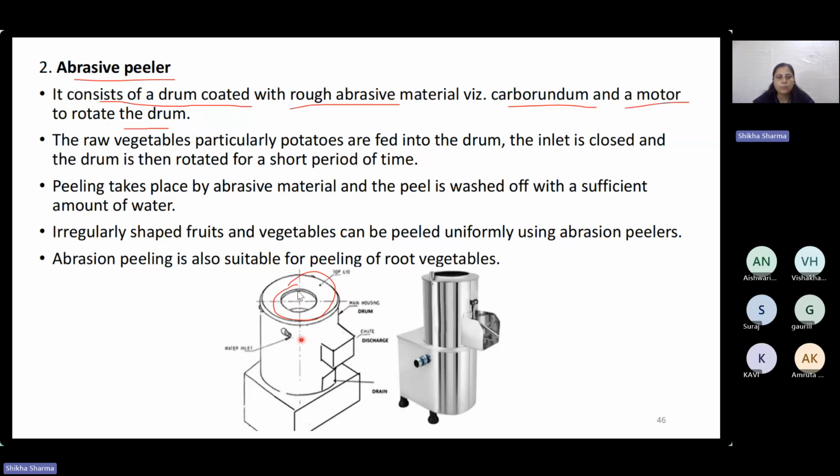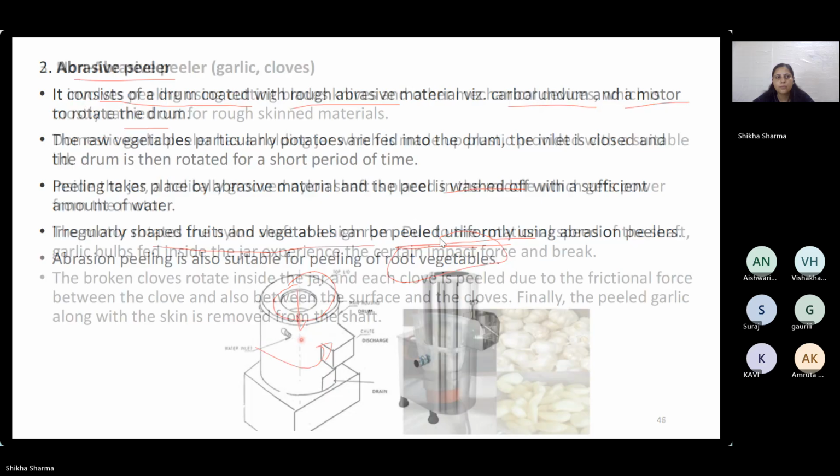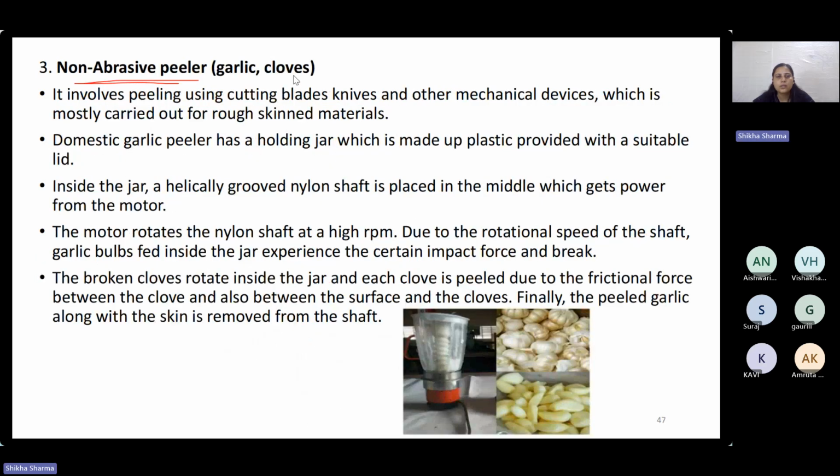Whenever raw vegetables or potatoes are inside the drum, it will rotate, and because it has the abrasive surface, the peeling is done, and the peels can be removed using water. Irregular shaped fruits and vegetables can be peeled uniformly by this method, and it is suitable for root vegetables also. Then non-abrasive peelers will be used for garlic and cloves.